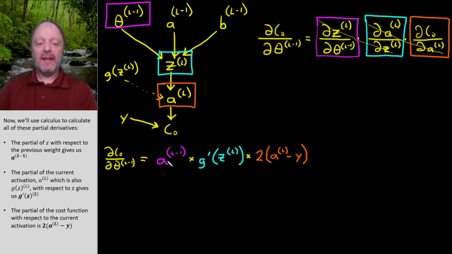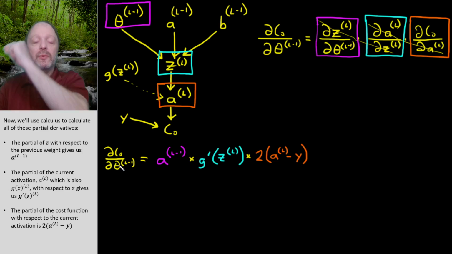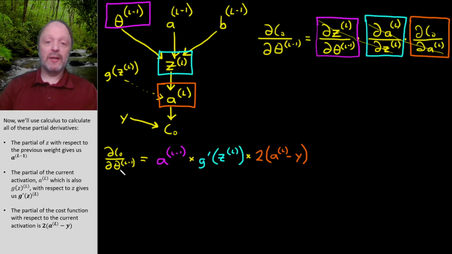Okay, that is my very first piece. This is the actual partial derivative of the cost function with respect to the previous weight. So we have one of the 3 pieces, how it affects the cost function. So we're 1/3 of the way there.